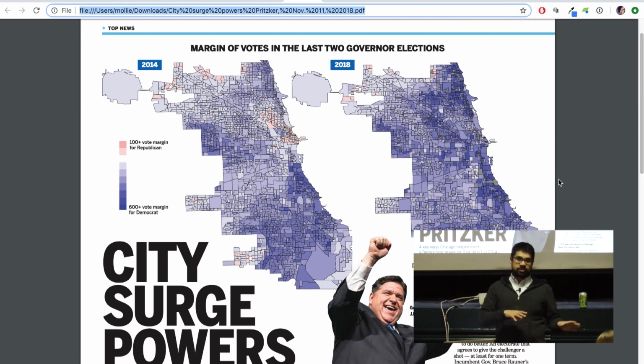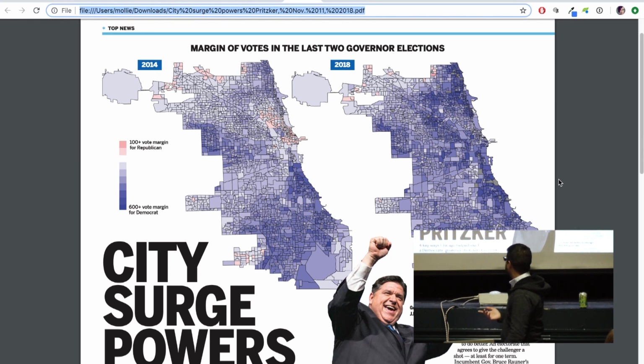QGIS is a free version of ArcGIS that allows you to manipulate data, which I didn't do. But I spatially joined the vote count with the geographies, and then I spit it out as an SVG, and I made it a little prettier in Illustrator. So that's really all this is.